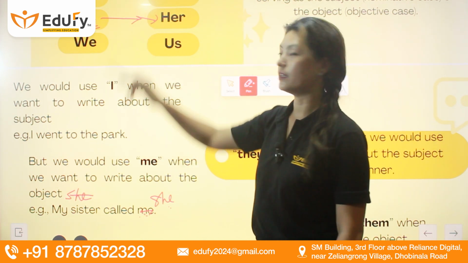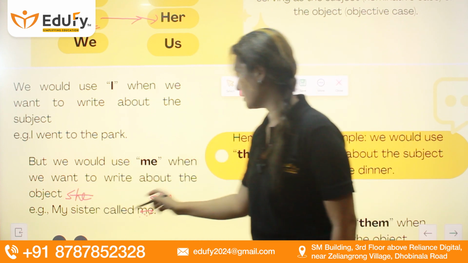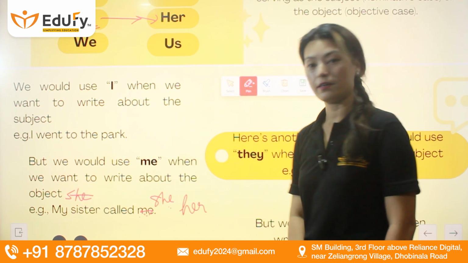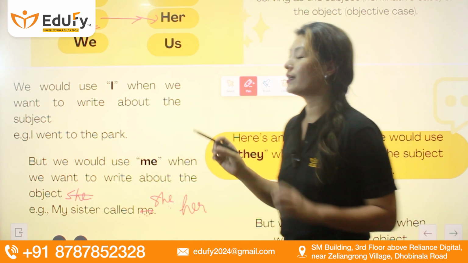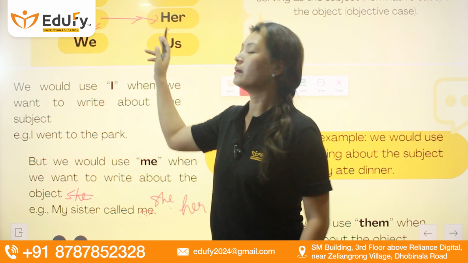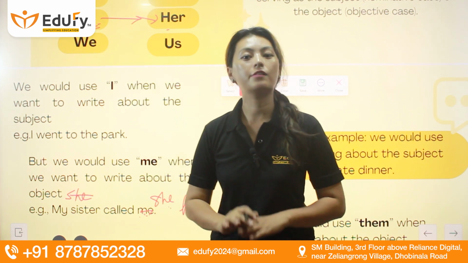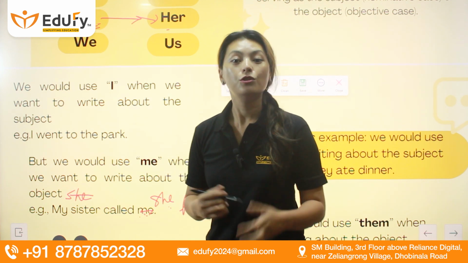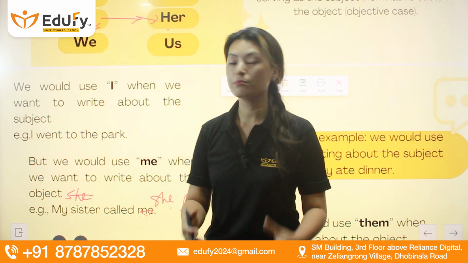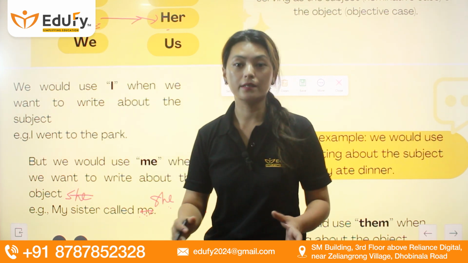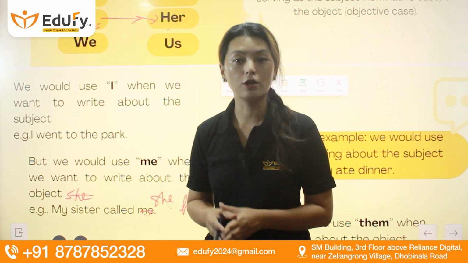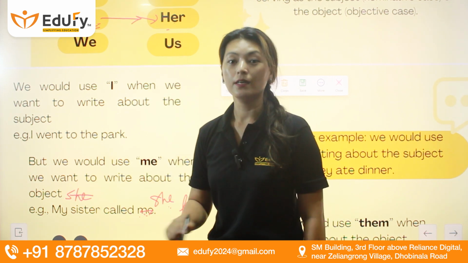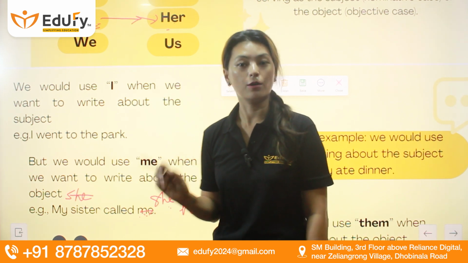You will find it here. So my sister called her and not she, right? So that is the main difference. She and her mean the same thing. They have the same meaning. But the only difference is the usage. If it is used as a subject, you will have to write she. But if the pronoun is used as an object, you will have to write her. That is called the nominative and objective case.